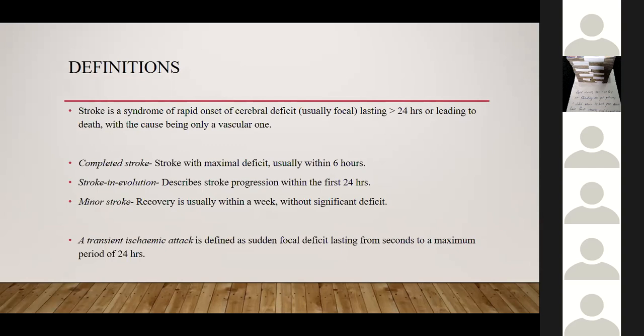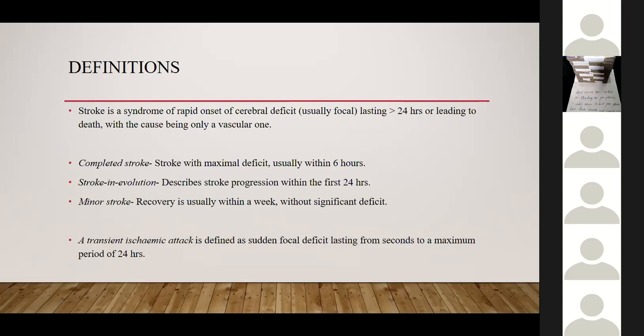So we are saying that stroke is a syndrome, and this syndrome will basically cause a rapid onset of cerebral deficit. So there's a rapid onset of deficit of any part of the brain, and this deficit will usually be a focal one, or a focal neurological deficit.